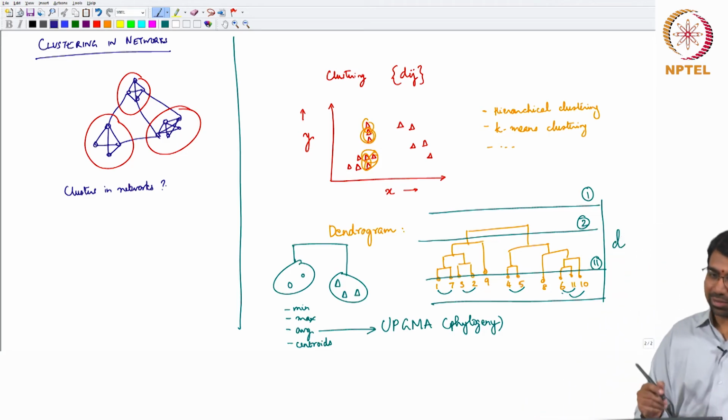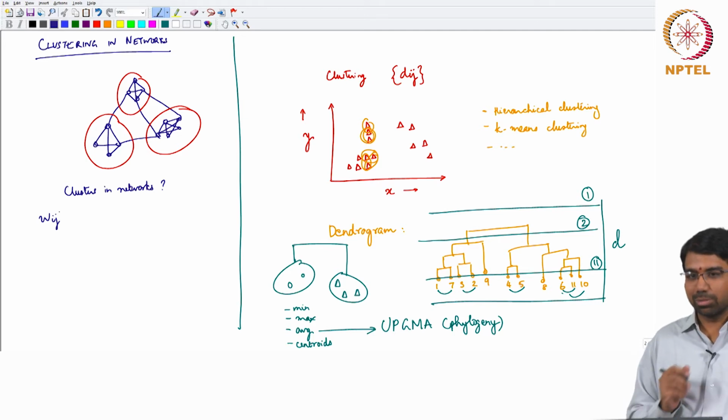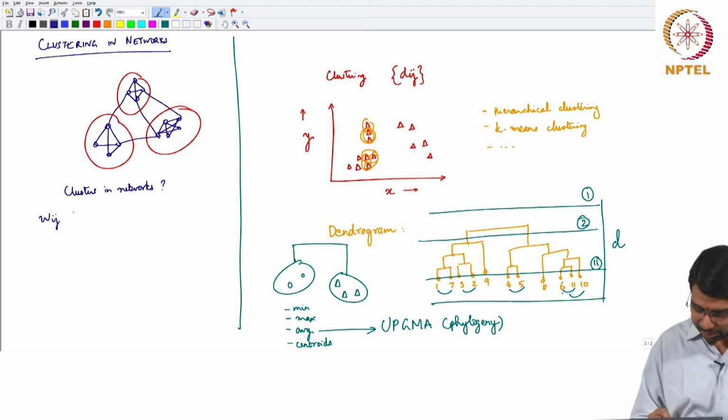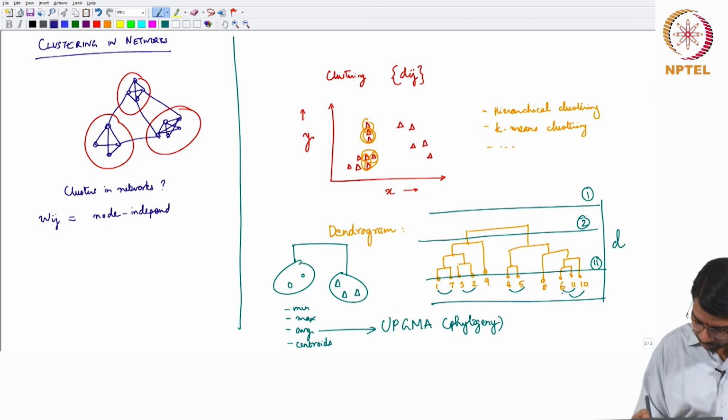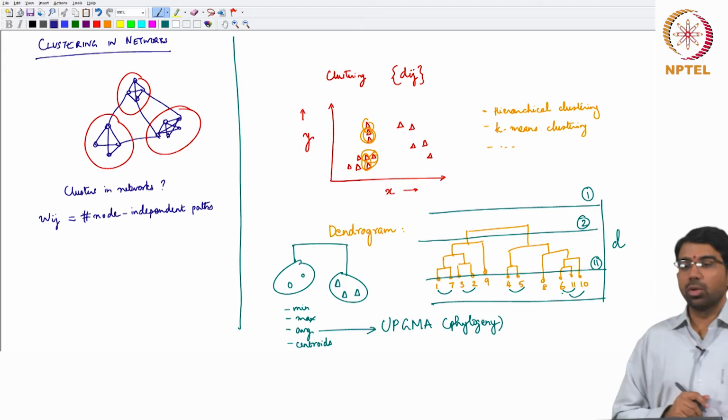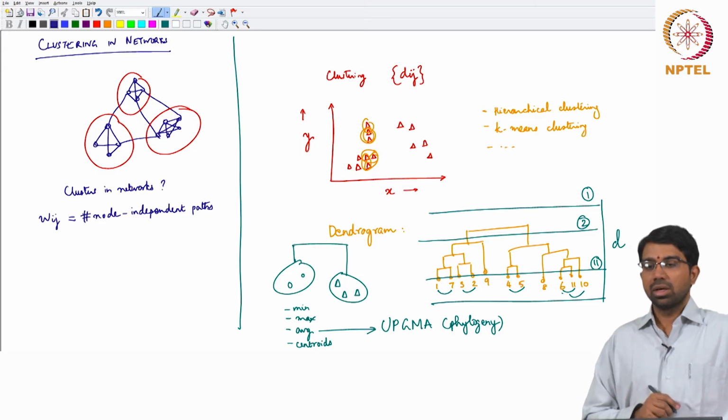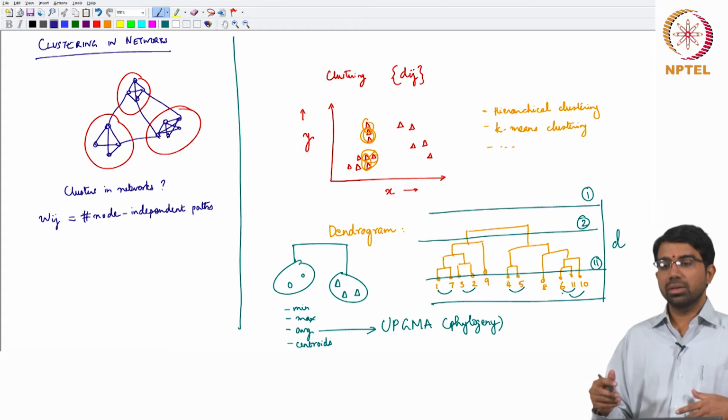In fact, the classic way to do this is you compute another matrix called W, where Wij measures the number of node independent paths. What is a node independent path?